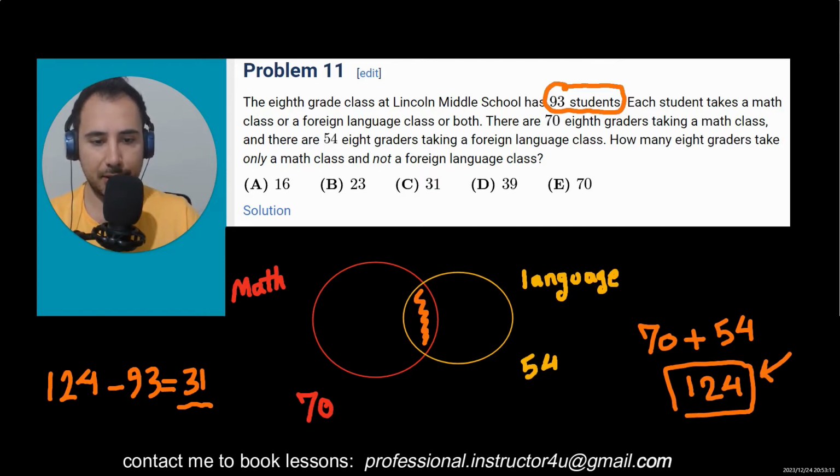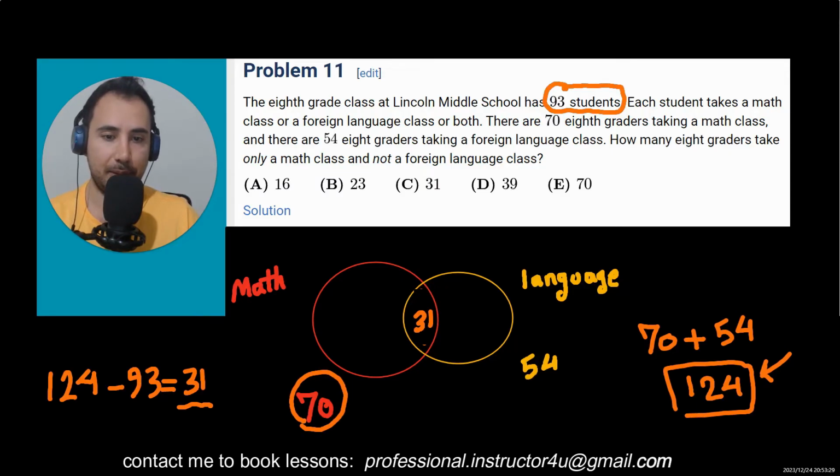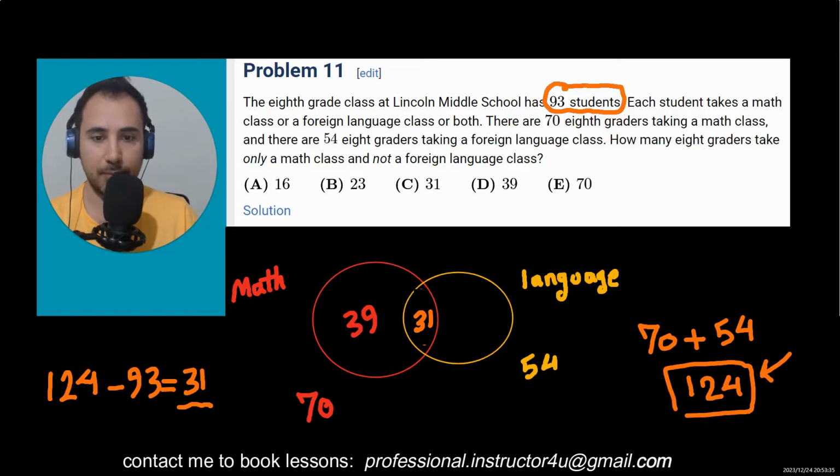So let me just clear this up a little. 31 people are actually here in the middle. I'm going to go with orange here. But how many people take math? 70 people. So that means 39 people just take math alone.